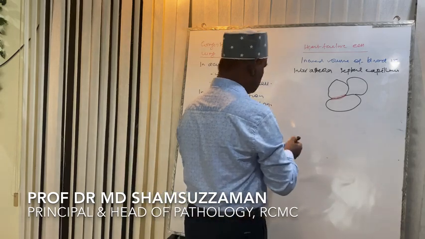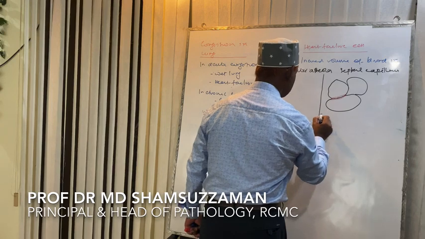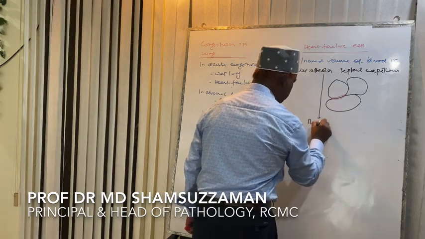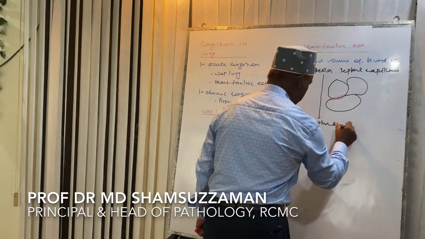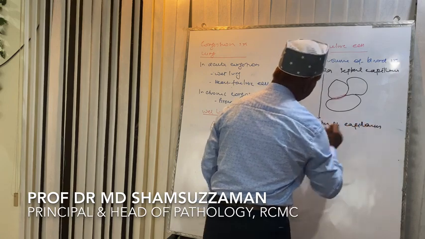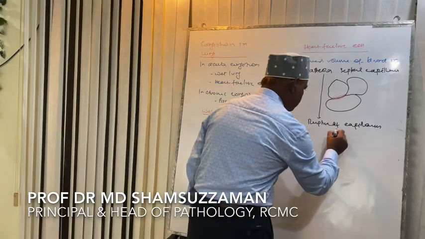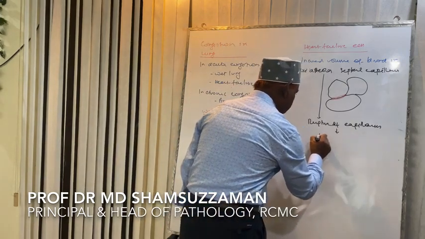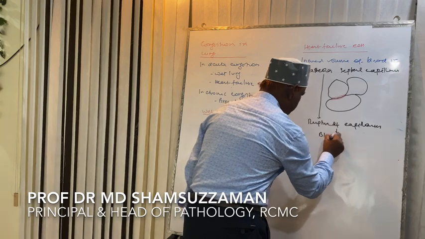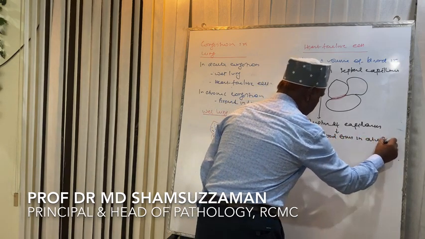Due to increased volume of blood in the septal capillaries, there is rupture of capillaries. As there is rupture of capillaries, what will happen? Blood comes into the alveoli.